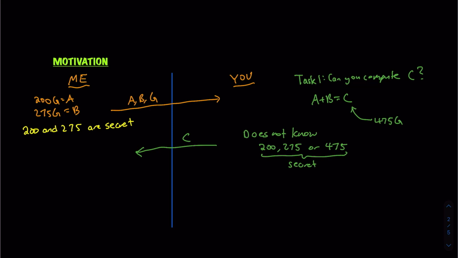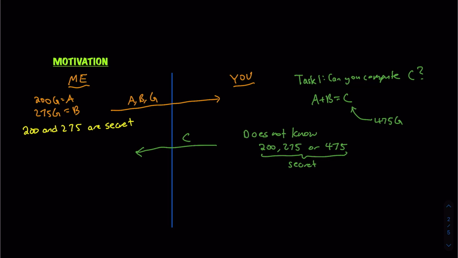To compute C, you don't need to first do 200 plus 275 and take that result and multiply it with G. You can actually get to the same answer by just starting with A equals 200G and B equals 275G and just adding A and B together. So the first use case is that you can do computation without knowing these underlying secret values.